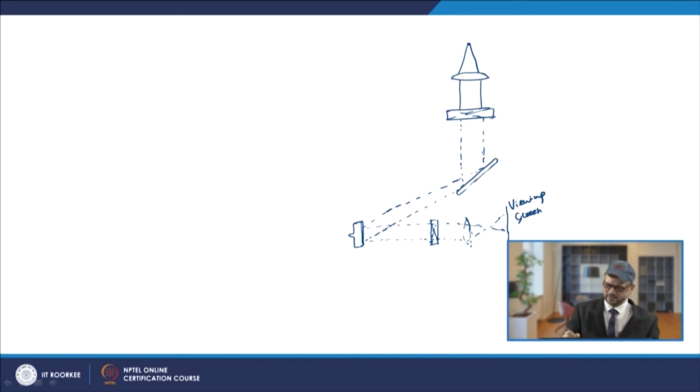So this is the light source, and from here the light will come. Because of the stress released, the photo stress coating becomes birefringent, that is, doubly refracting.